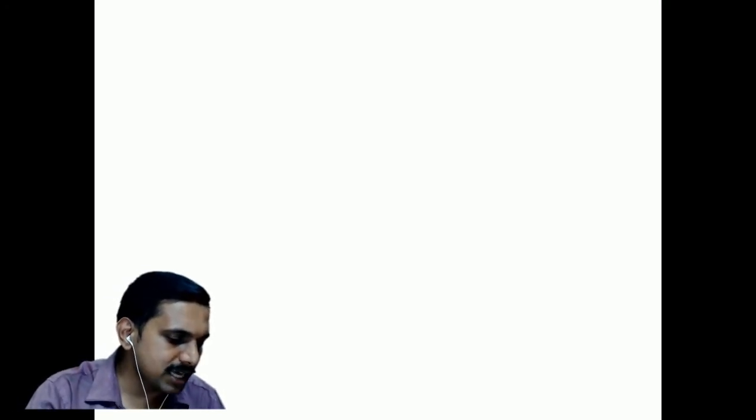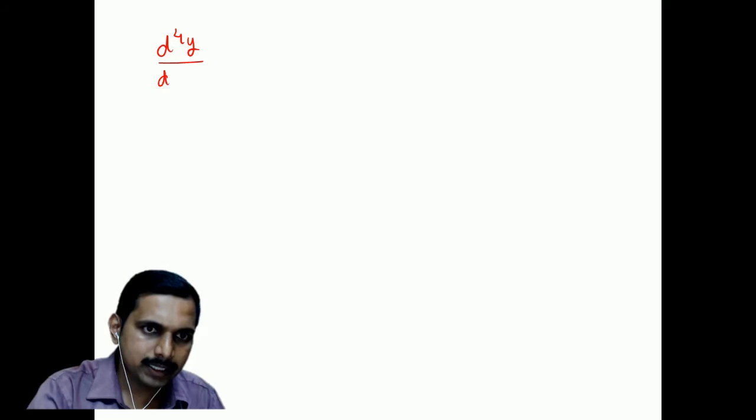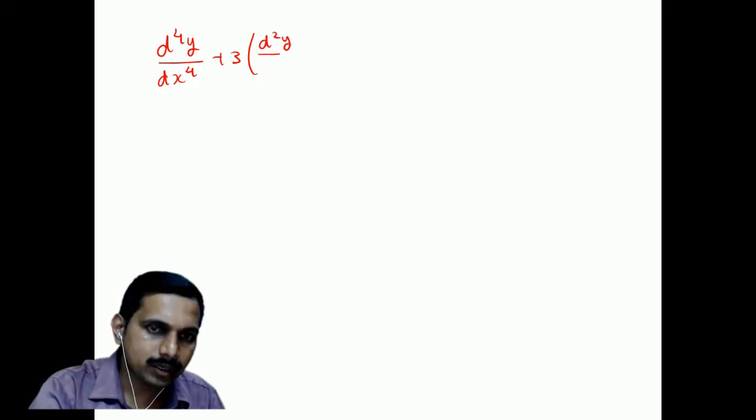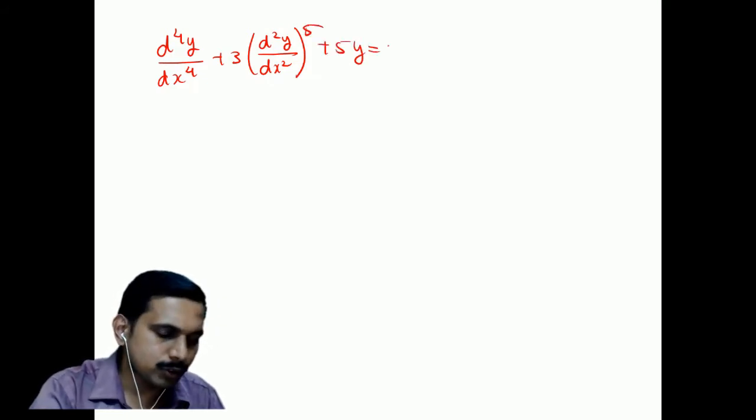For example, if I have d power 4 y by dx power 4 plus 3 times d square y by dx square to the power 5 plus 5y is equal to 0.